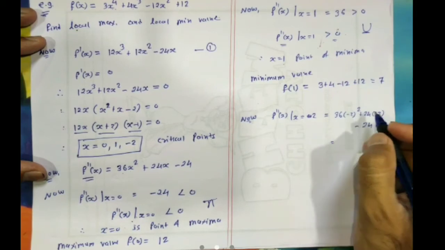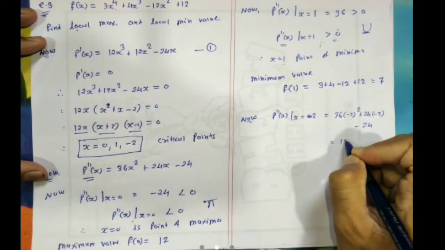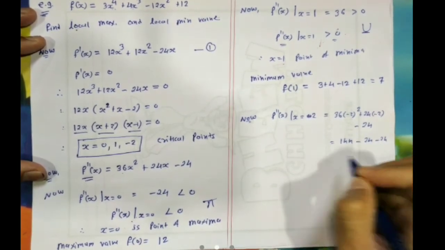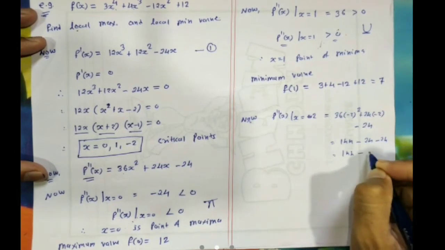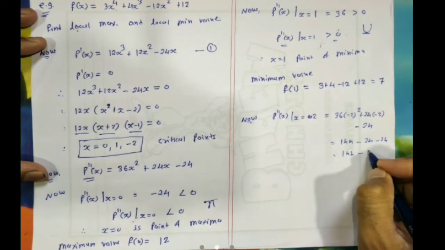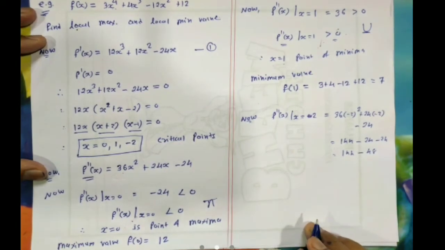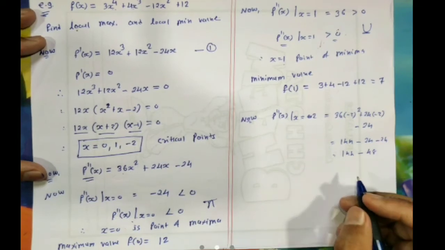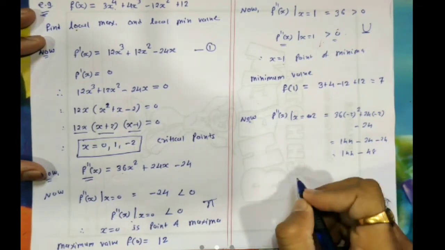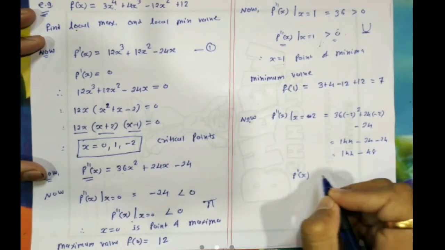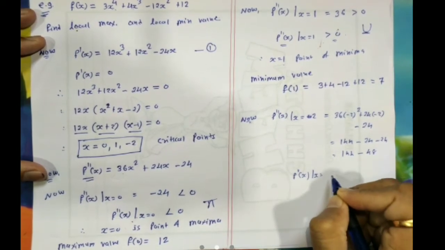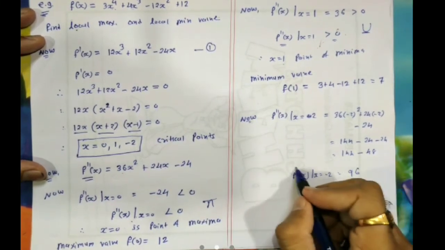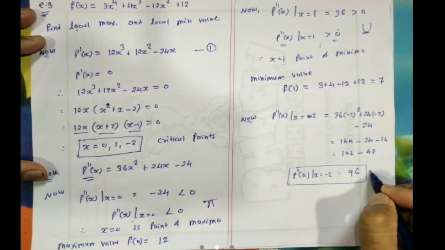So it's 36 fours are 144 minus 48. So it will be 96. Done. Which is again greater than 0.